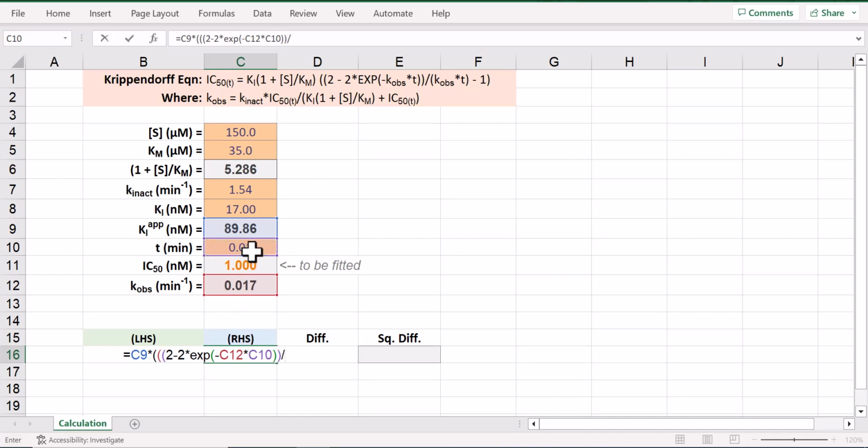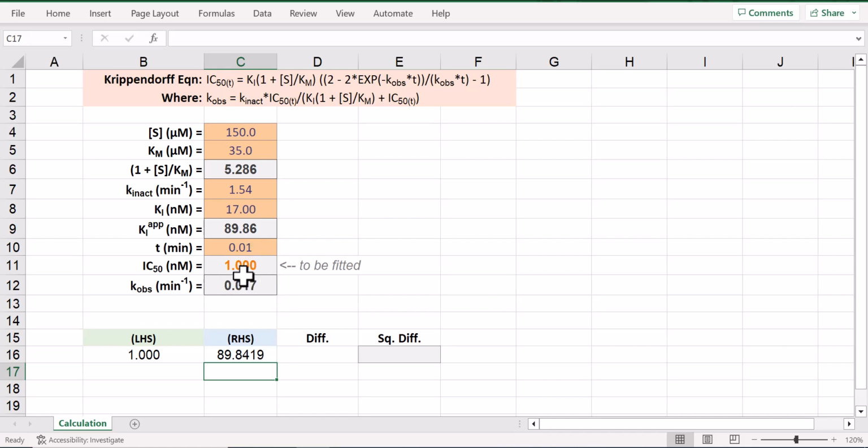And this is divided by K-obs, C12, times the time of the assay, C10, and from all of this, subtract 1. Very important to get all of those brackets right.